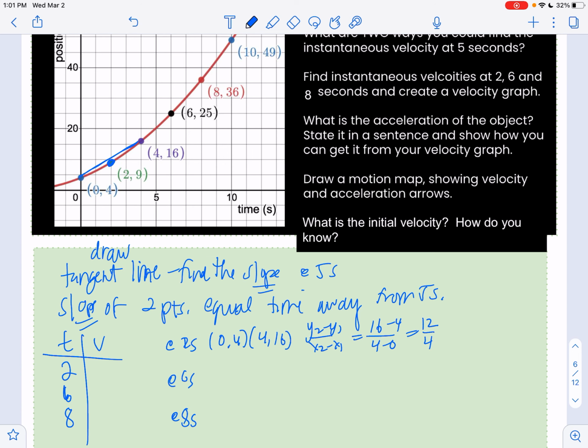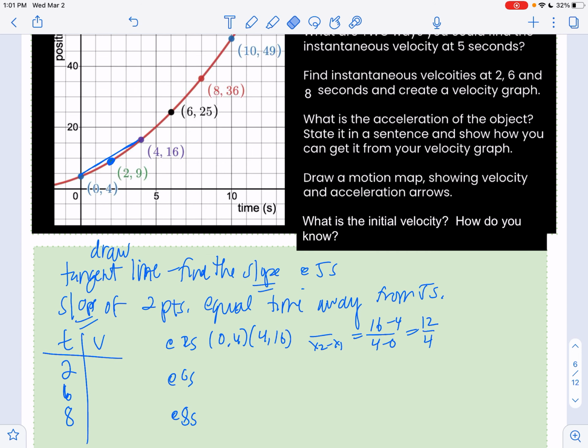And units-wise, these y values here are the positions, and the x values are the time. So this is going to be 3 meters per second. At 6 seconds, we can do it for more, but we don't need to do it for all of them. So the next point I want is 6 seconds.